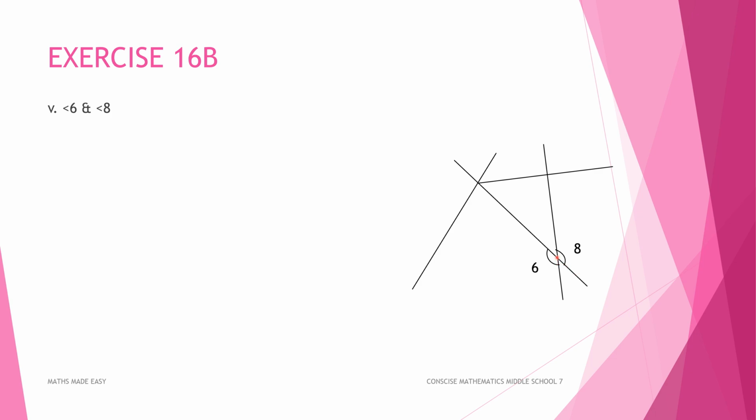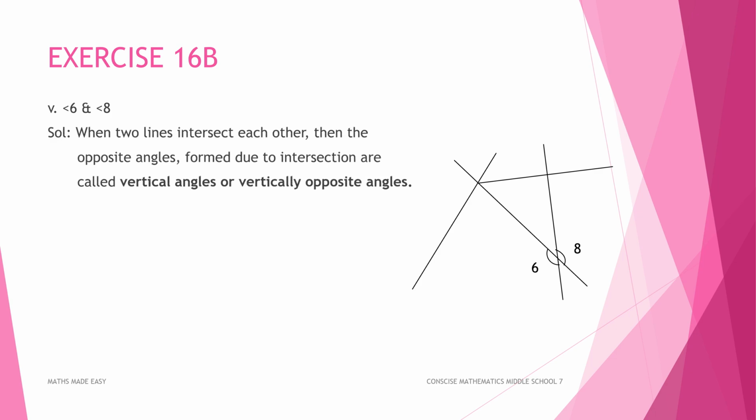See how 6 and 8 are just opposite to each other, right? And it is vertically opposite, so it comes under vertically opposite angles. I have just now explained the definition of vertically opposite angles. I hope you understood this. So angle 6 and angle 8 are vertically opposite angles.